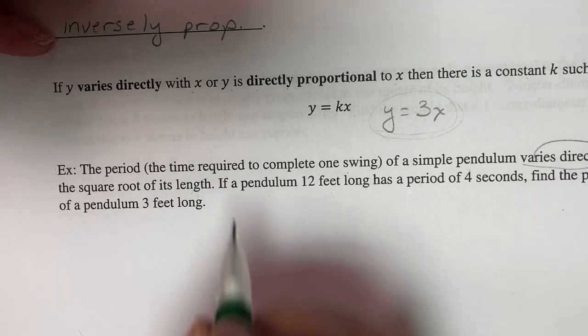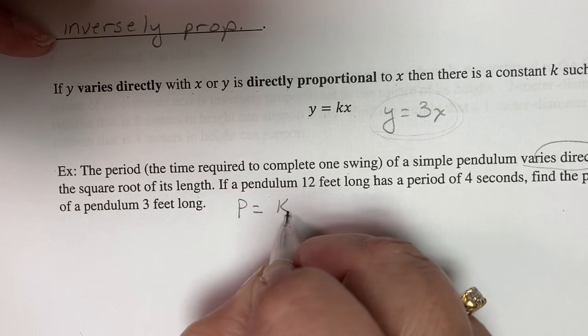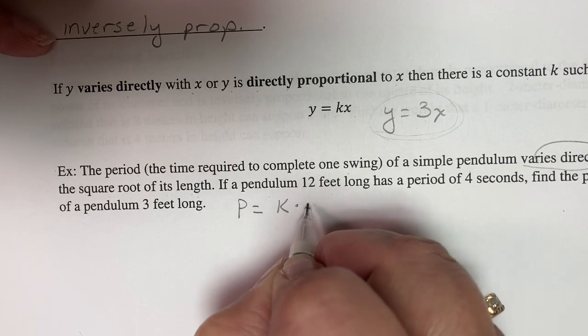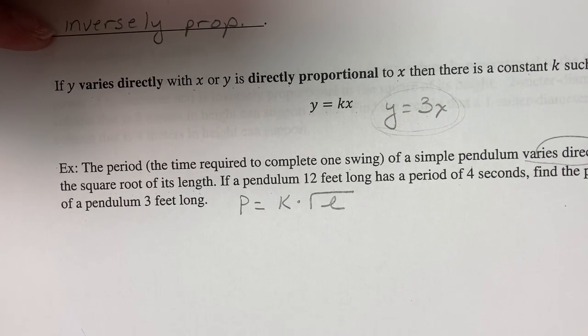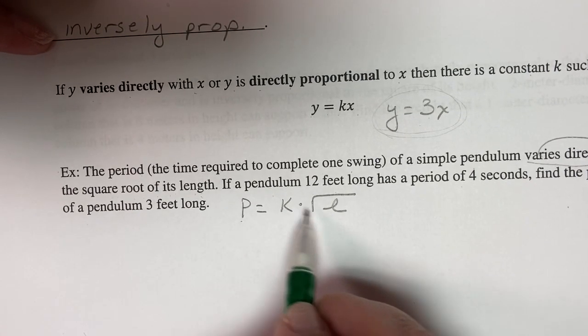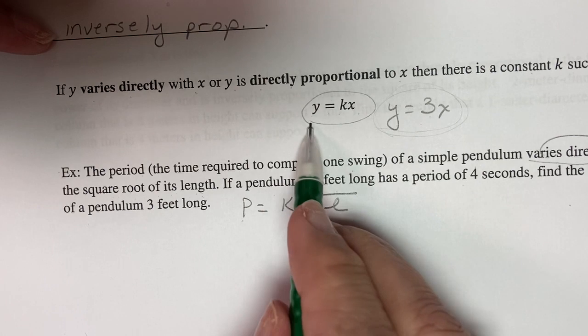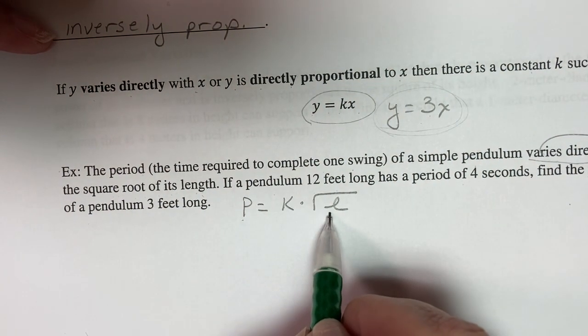The period varies directly, so you need your k, as the square root of its length. That means we're going to use the direct variation equation: P = k times the square root of L.